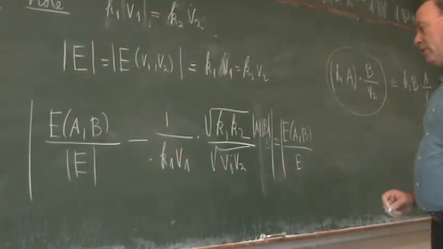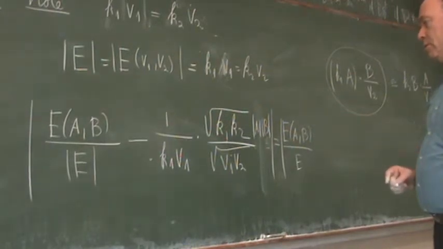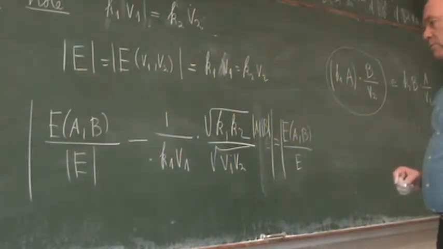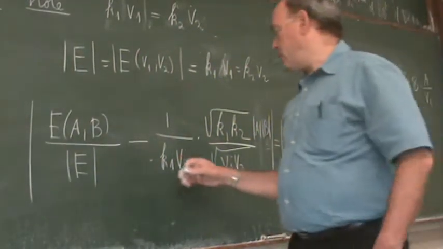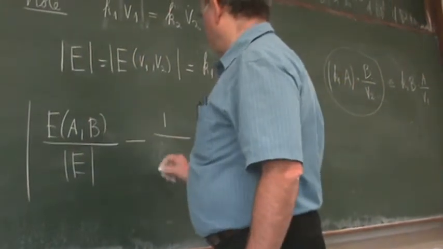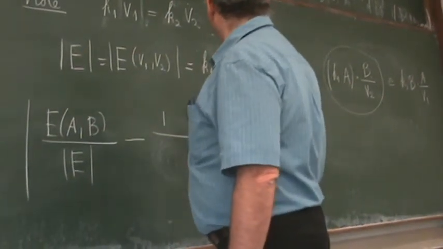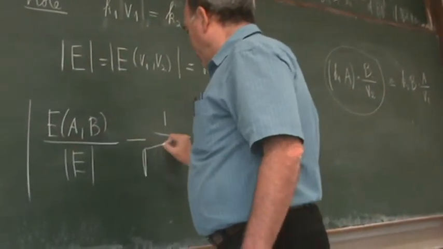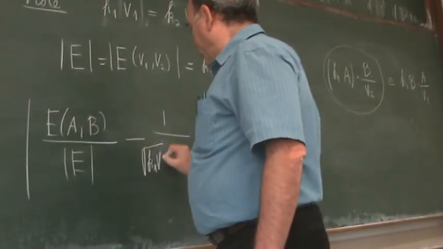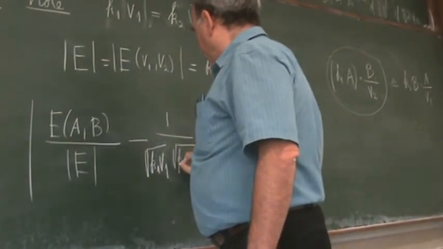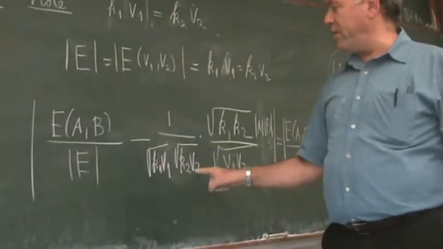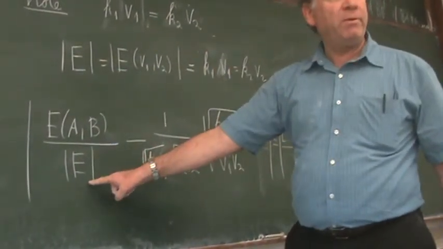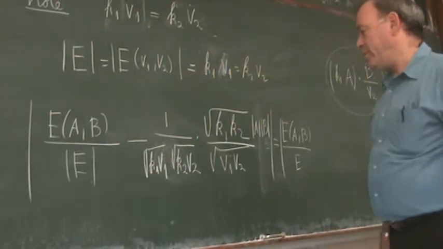Alex: Yeah, it would be easier, instead of dividing by K1 V1, to take the square root of K1 V1 times the square root of K2 V2. Okay, I understand this. K1 V1 is equal to K2 V2, so I will write the square root of K1 V1 times the square root of K2 V2. The product of them is equal to E. Thank you.